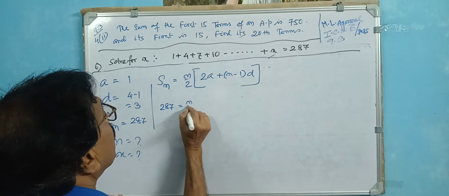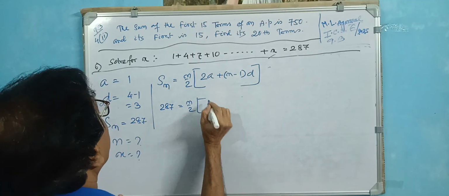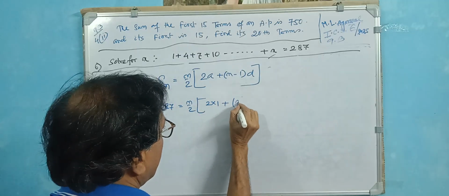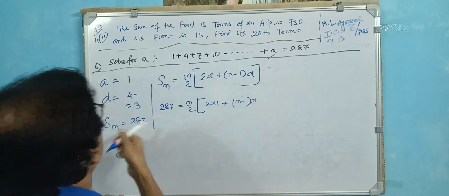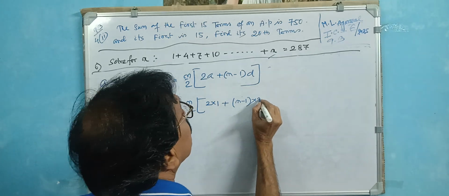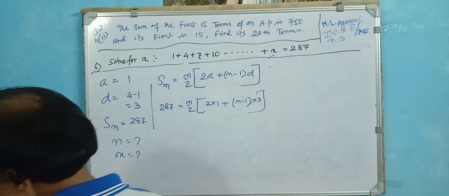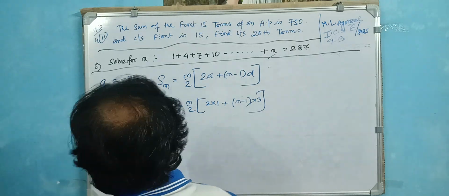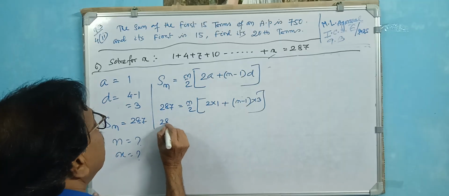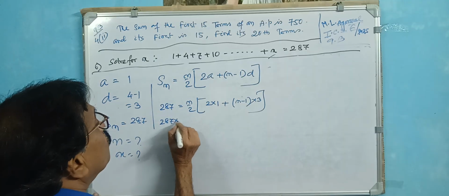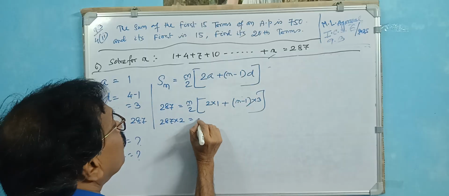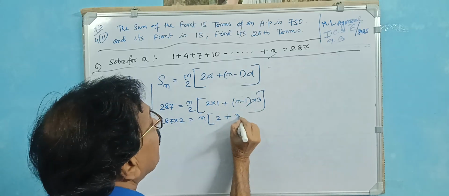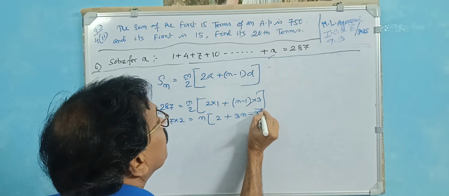So Sn is 287, that is equal to n by 2 into bracket, 2 into 1, a is 1, plus (n minus 1) into d, d is 3. Is that clear? So actually this is 287 into 2, that is equal to n times bracket 2 plus 3n minus 3.